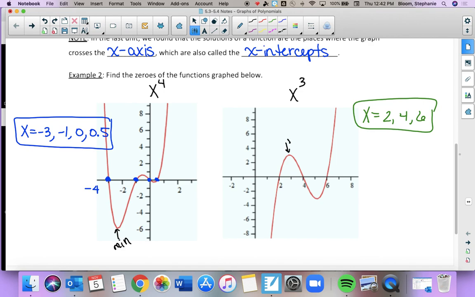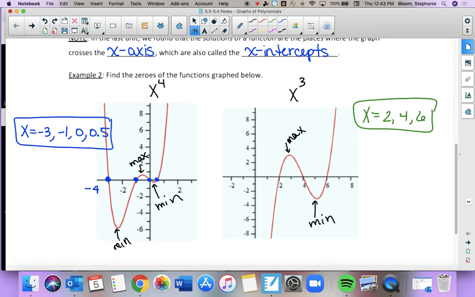This would be a maximum here. What about that little one right there? What do you think that is? That's also going to be a max, so you're about to learn about this as we keep going. Anytime my graph changes direction, I'm going to have some mins and max. What do you think that one right there is? A min. How about over here? A min, okay.